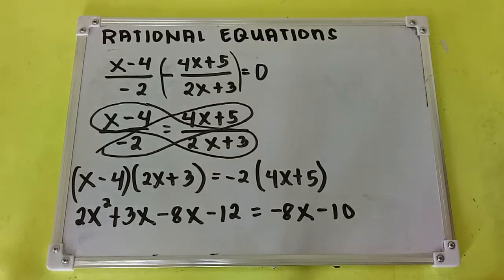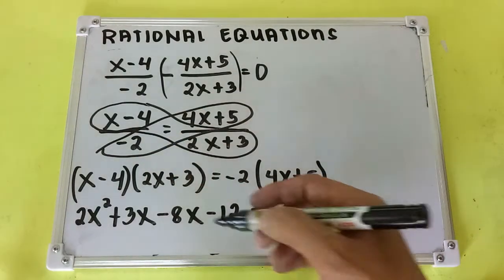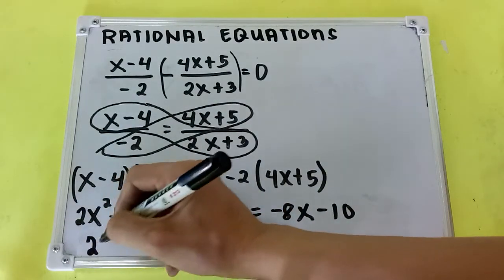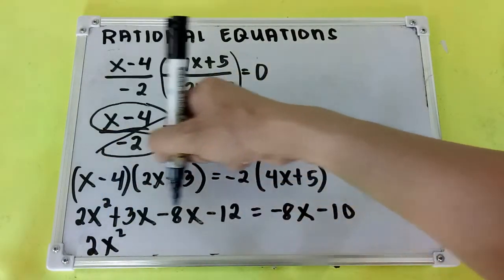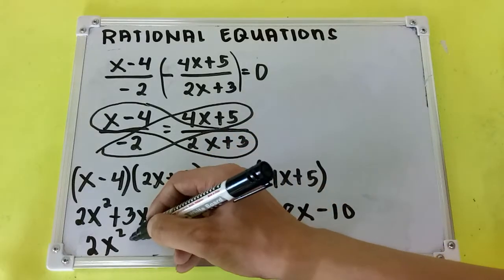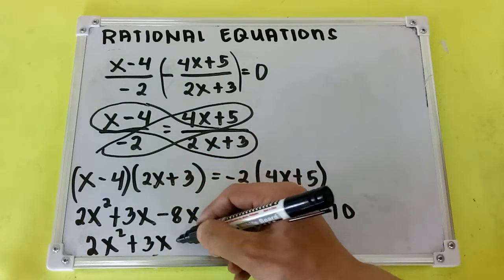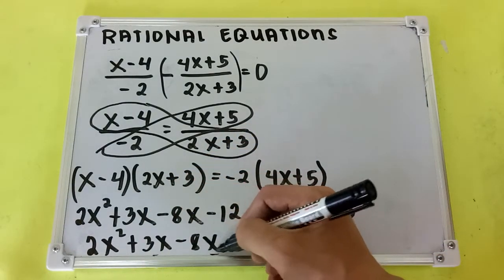So ayan na ngayon yung equation natin. Next, dali natin lahat sa kabilang side, or sa left hand side. So 2x square, wala naman siyang similar term, plus 3x minus 8x.